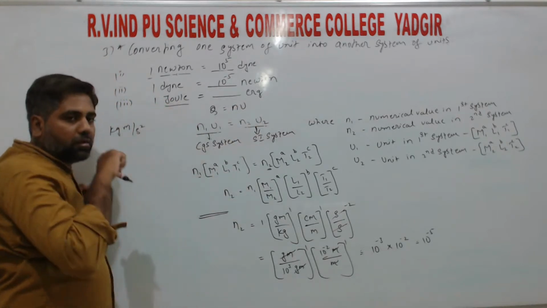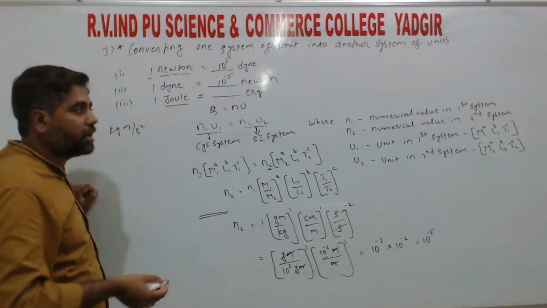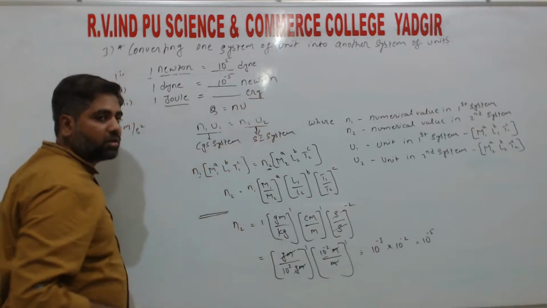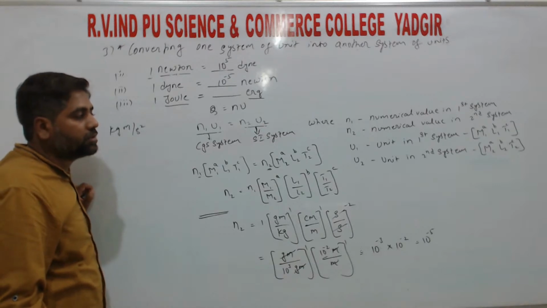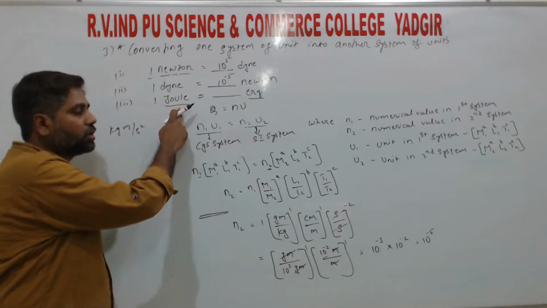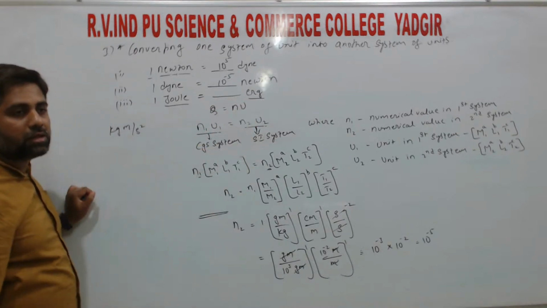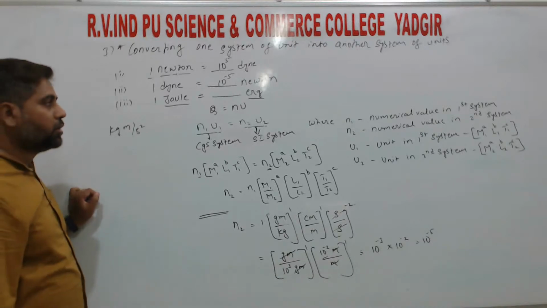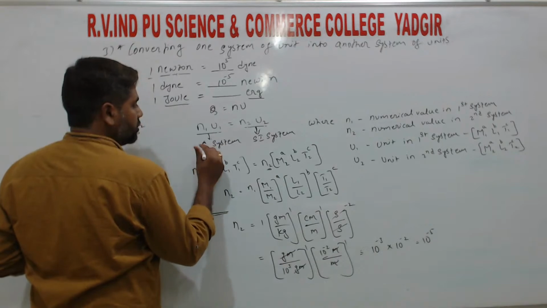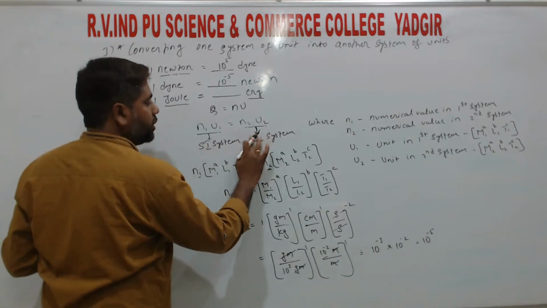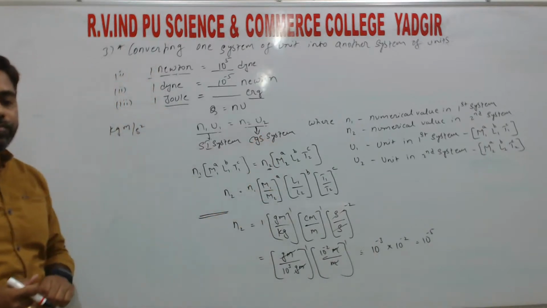Joule is the unit for work in the SI system, and erg is the unit for energy, again work, in the CGS system, right? So joule is the SI system unit, and erg is the unit in the CGS system, right? So now we can take n1 u1 in the SI system, and n2 u2 in the CGS system, right?